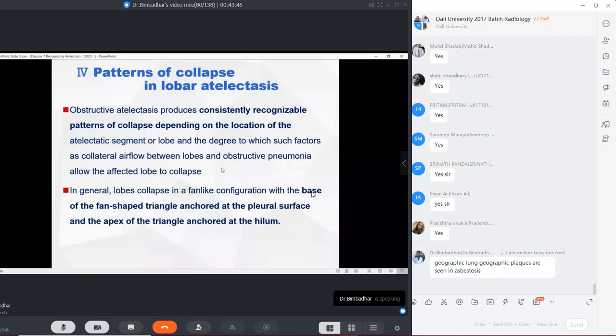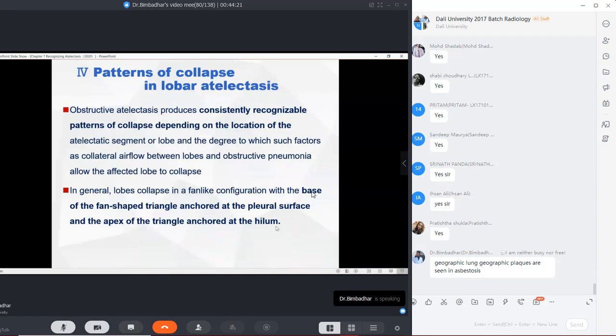We see a fan-shaped triangle anchored at the pleural surface, and the apex of the triangle is anchored towards the hilum. Remember the characteristic pattern here: if there is a lobar collapse, the base of the triangle is anchored to the pleural surface, and the apex is towards the hilum.